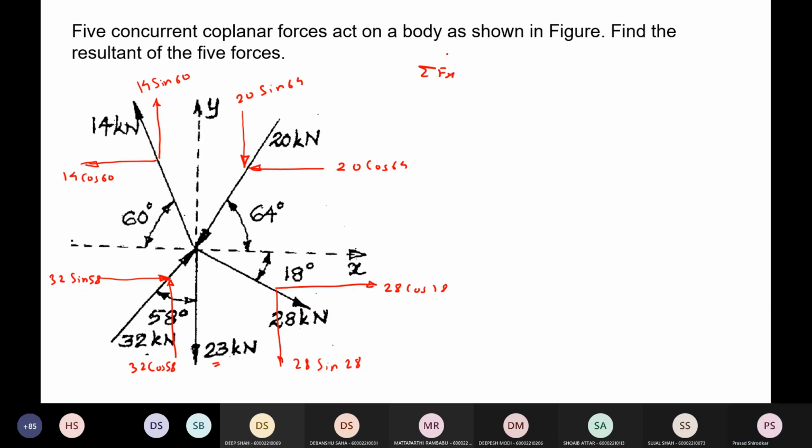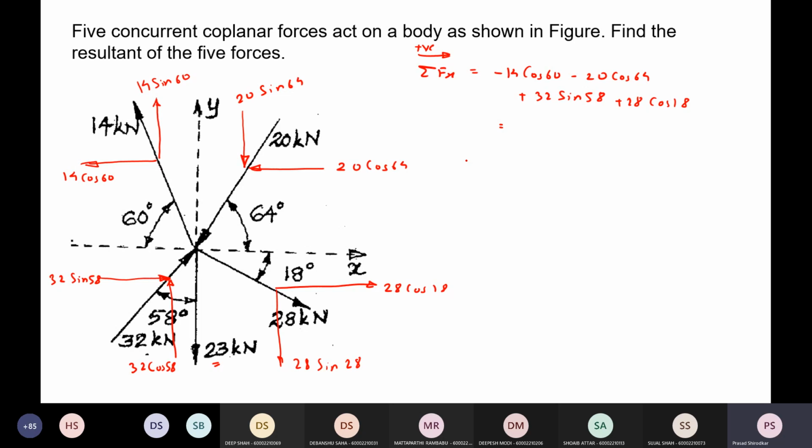Summation fx. Again, I always use this convention, right hand side positive. So that is minus 14 cos 60 minus 20 cos 64 plus 32 sin 58 plus 28 cos 18.